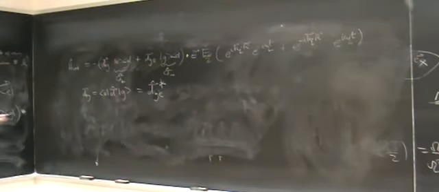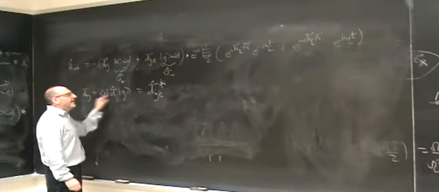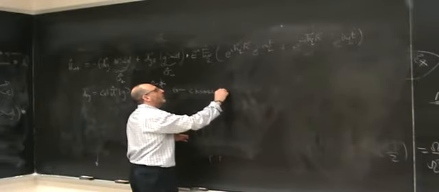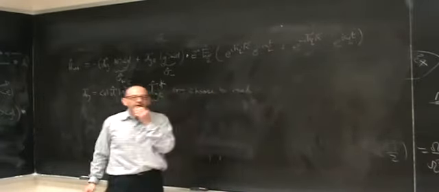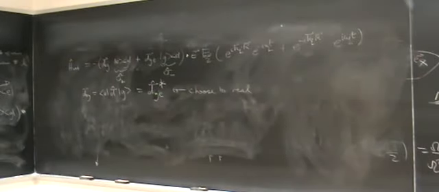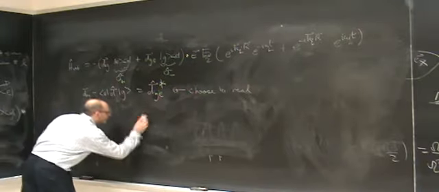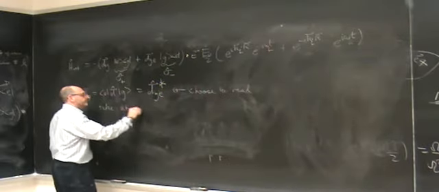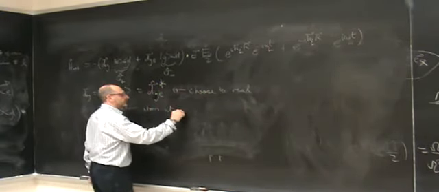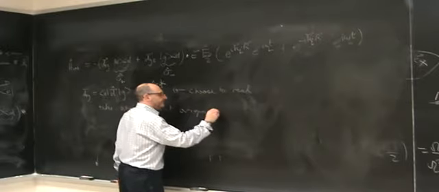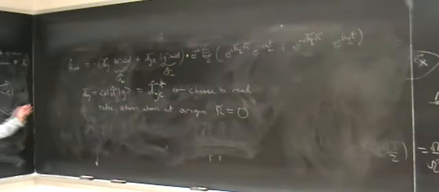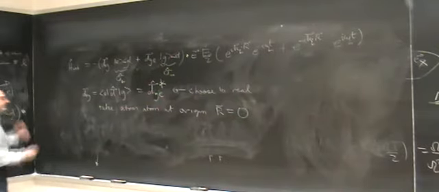Now, I can always choose the phase of the wave function. I'm going to choose this to be real. I can always do that through appropriate choice of the overall phase of the wave function. And so this then has the following form. I'm also, for the moment, and we'll come back to this, taking the atom at the origin. Doesn't matter, I'll come back to that in a moment. Let's just conclude this.